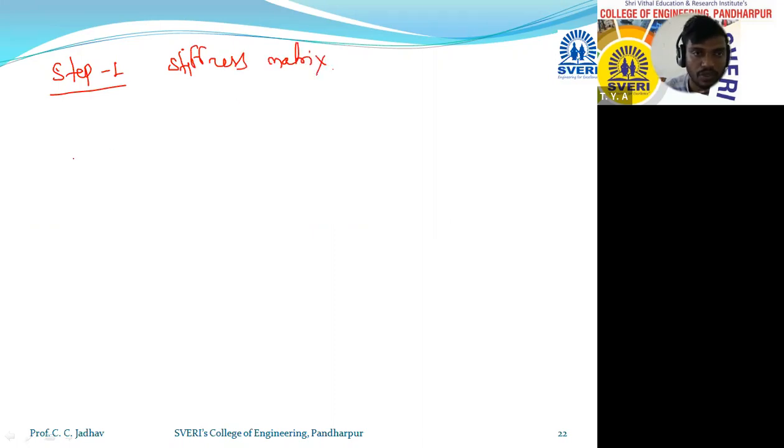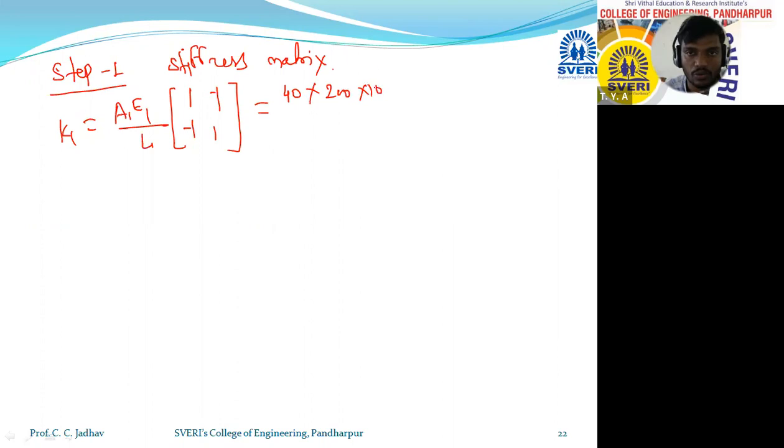Okay, so first K1 is equal to AE by L into [1 -1; -1 1]. आता ह्याच्यामध्ये व्हॅल्यू काय आहे, एरिया क्रॉस सेक्शन पहिल्या एलिमेंटचा काय आहे 40, इंटू यंग्स मॉड्युलस व्हॅल्यू काय आहे 200 इंटू 10 रेज टू 3, डिवाइडेड बाय लेंथ किती आहे 200 mm, इंटू [1 -1; -1 1]. ठीक है, so what is the value of the K1?